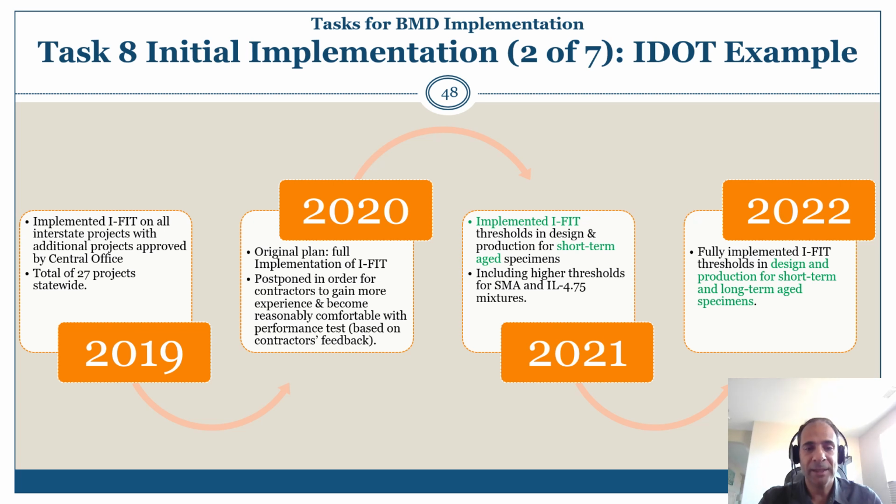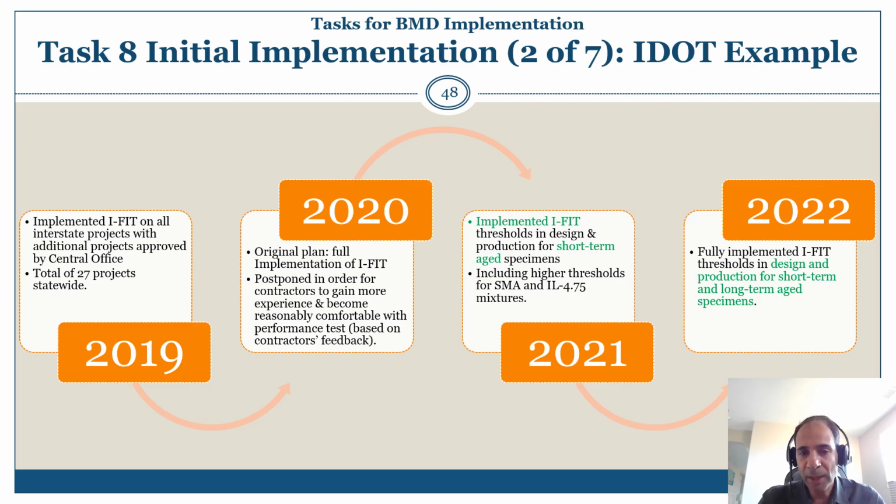In 2020, the plan was now to roll out the iFit on all of their projects, all of their asphalt mixtures. However, that got postponed in order for the contractors to gain more experience and become reasonably comfortable with the mechanical test. This was all based on that feedback loop, on the contractors' feedback from the 2019 implementation.